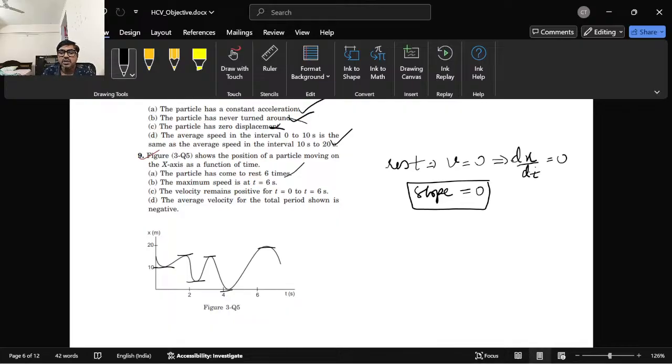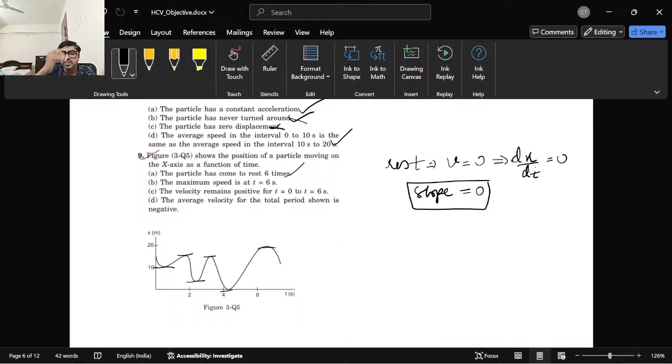In the graph given, there is maximum speed at t equal to 6 seconds. So no, at t equal to 6 seconds, speed is 0. Displacement is maximum, but not speed. The velocity remains positive from t equal to 0 to t equal to 6 seconds. No, sometimes negative slope, sometimes positive slope, sometimes negative slope, sometimes positive slope. Decreasing graph meaning negative slope, increasing graph meaning positive slope.